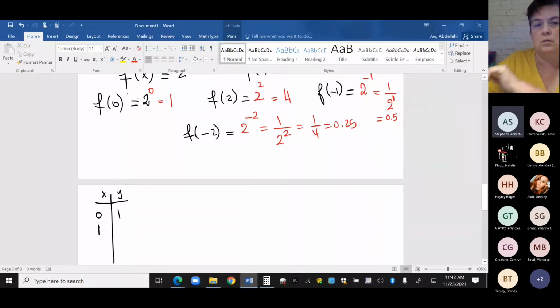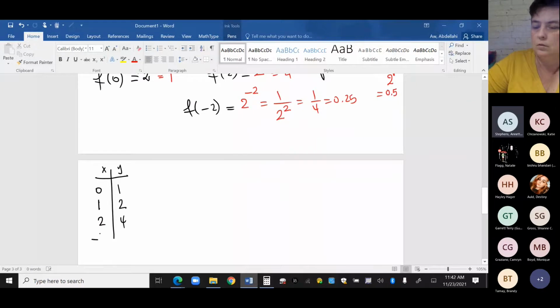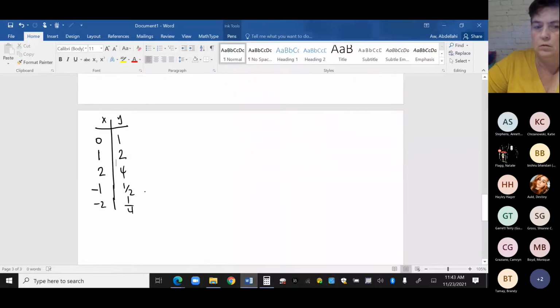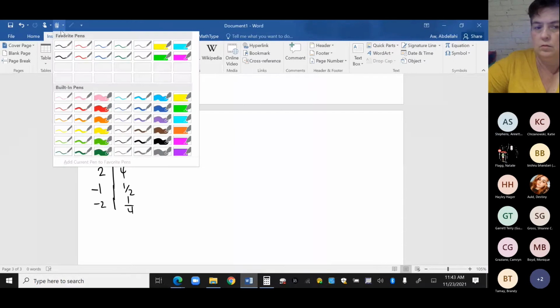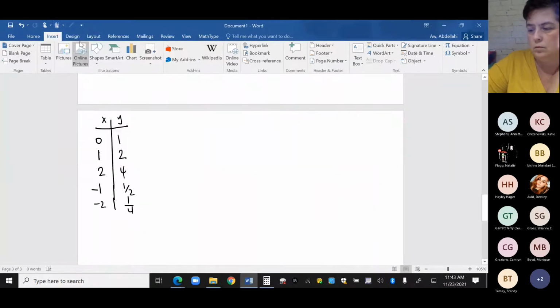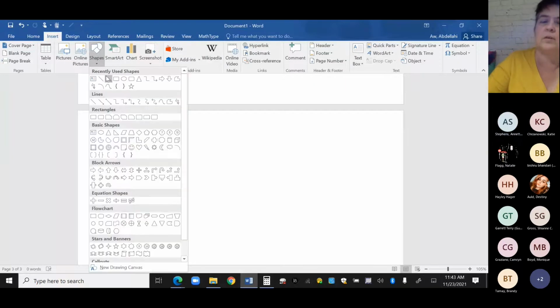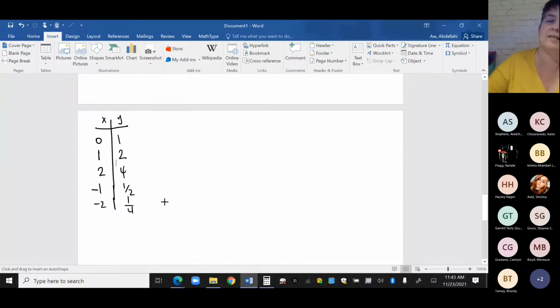F of 1 is 2. F of 2 is 4. F of negative 1 is 1/2. F of negative 2 is 1 over 4. So I'm going to use these 5 points to graph exponential base 2 of x. Okay? So now let me do my thingy right here.